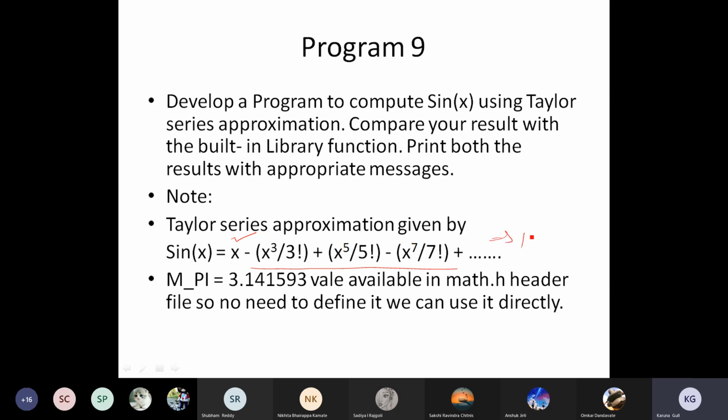Then I got some value for it, and I checked with the sin x value given by the built-in function, which is 0.707 or 0.709, something like that. There is a lot of difference, right? So this shows me that taking one term is not helping me find the accurate value. Then what should I do?